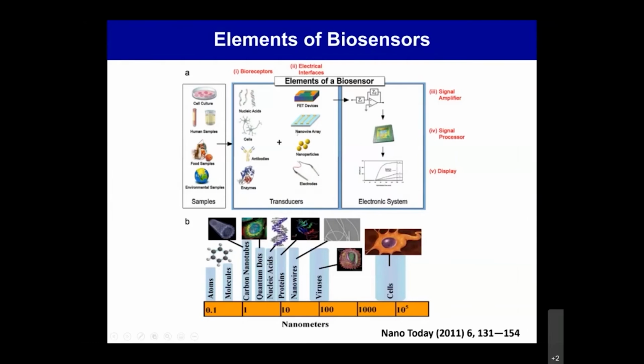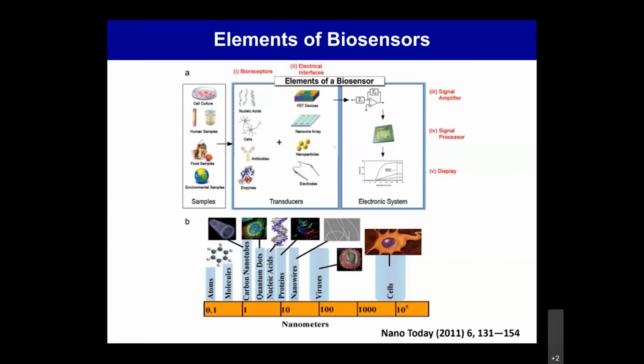And then you have a transduction element, right? It could be a FET device, right? It could be a nanowire, carbon nanotube, nanoparticle. For example, gold nanoparticles are used in lateral flow assay to provide color change. So this is a transduction.